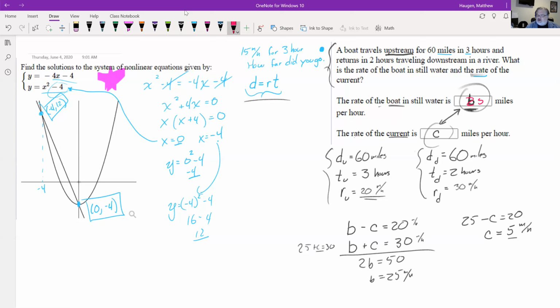So that's 25, and that's 5. Fair? Makes sense.